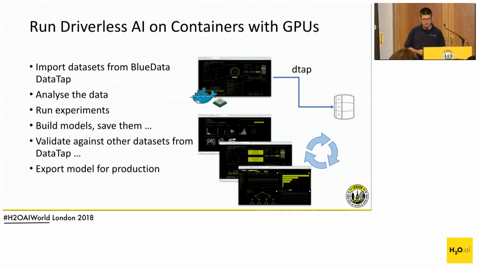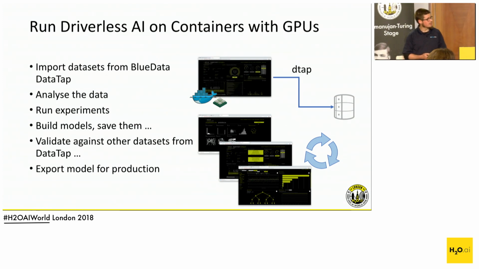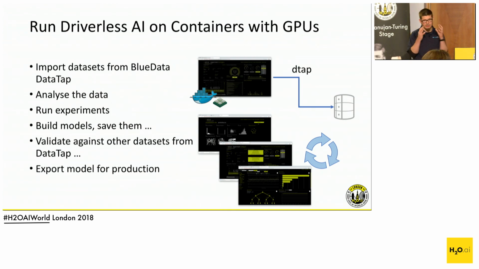So it's a very simplified illustration of what we could do with Driverless AI once you deploy this cluster. So you log in on the interface, you import datasets from the DataTap connectivity, you bring the data into Driverless AI, which is running in a container with GPUs.